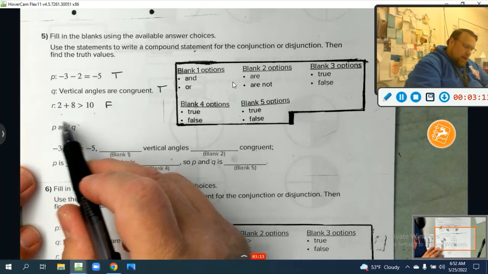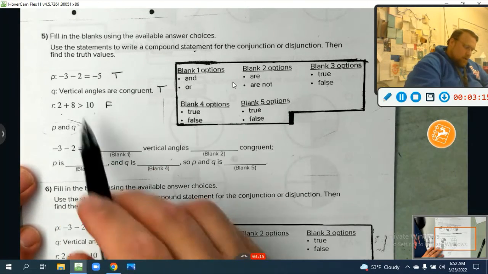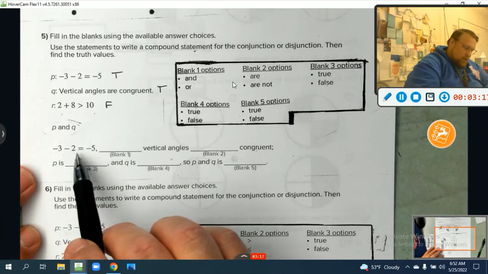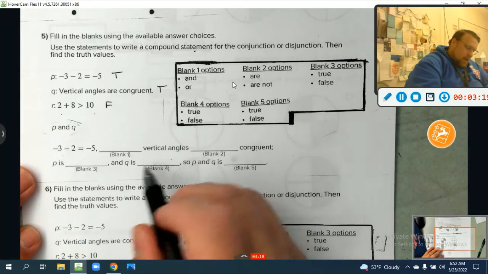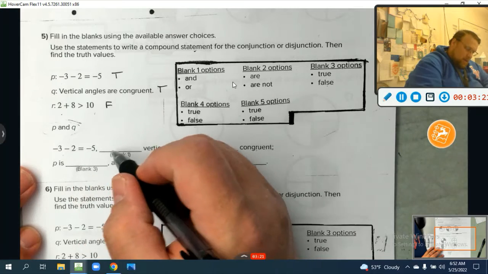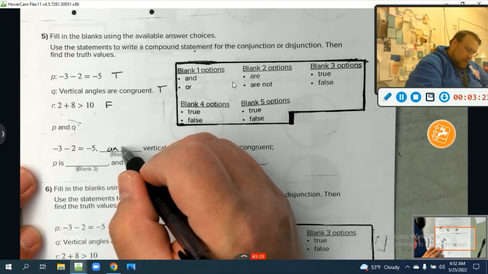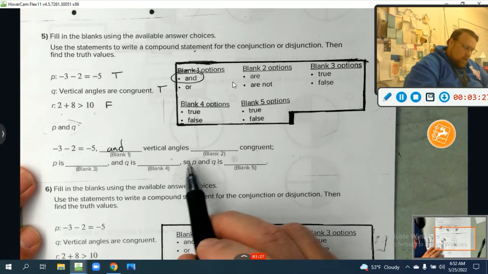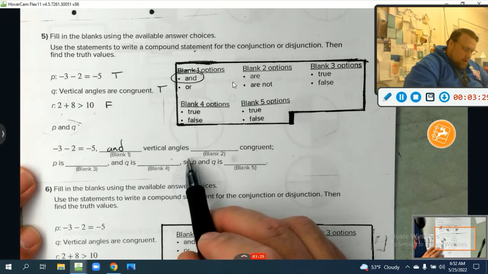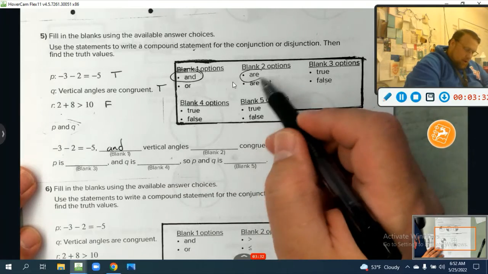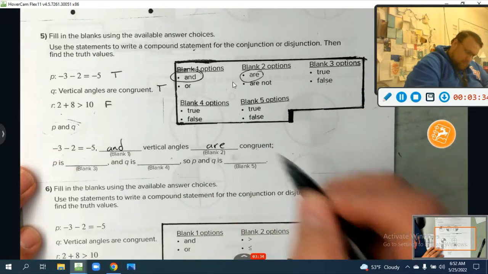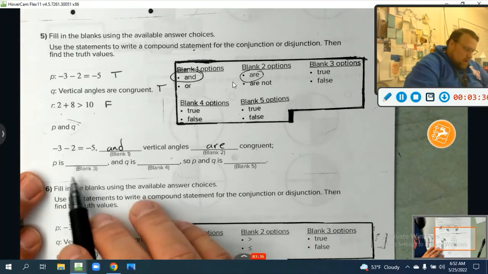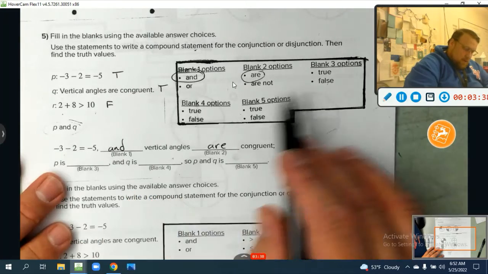It says P and Q. So P is -3 minus 2 equals -5. Okay. And then and. Remember that stands for and. So blank one is and. All right. Vertical angles are congruent.